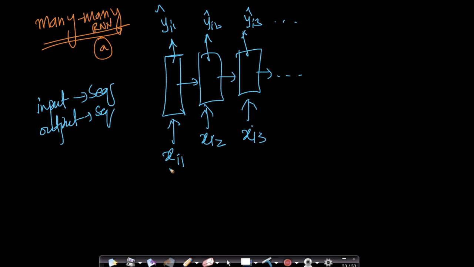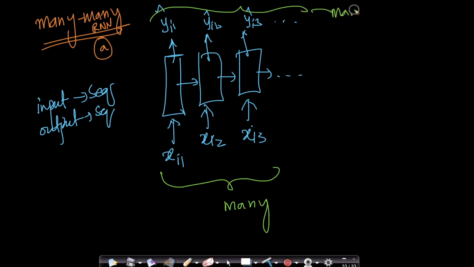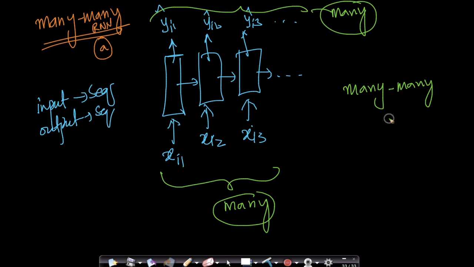So this is basically a many-to-many architecture because you have many inputs and you have many outputs. But note that the size of your input and the size of your output is the same here. In case A, this is a many-to-many, same length input and same length output.